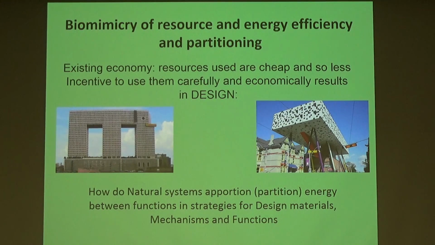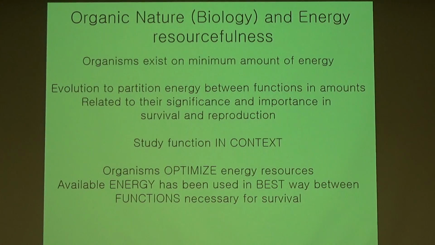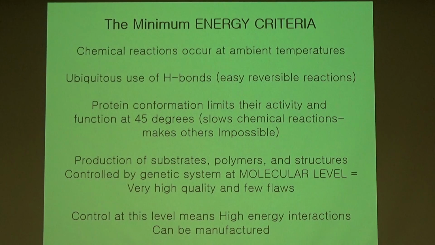There's more focus on using resources very carefully, much more carefully than we do at the moment. And that gives rise to better design and better functionality. So that's low energy usage and better design functionality. This is the energy resourcefulness that we can get from learning from nature.